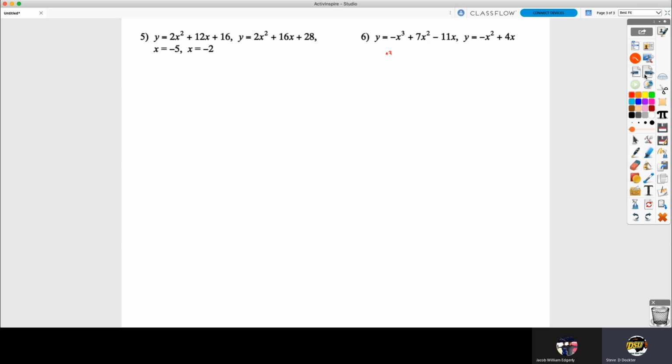We're going to do the same thing, right? We do have restrictions here, so chances are it's between -2 and -5, but we do need to see if these intersect in between. So we'll do this one, we won't do number 6 then. So setting these equal to each other to see if they intersect.